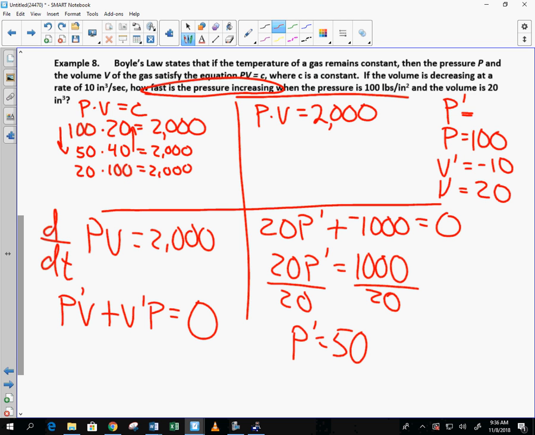So what that tells us is at what rate is the pressure increasing? 50 pounds per inch squared, okay? And then what's our time? Per second. And so you put the second in the denominator with the inches squared. Yeah, that's a real label right there.